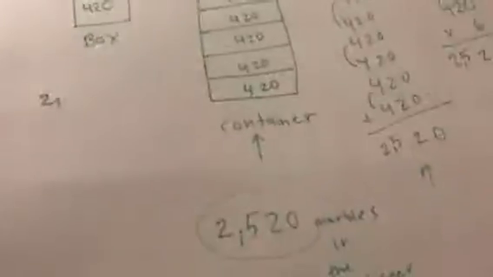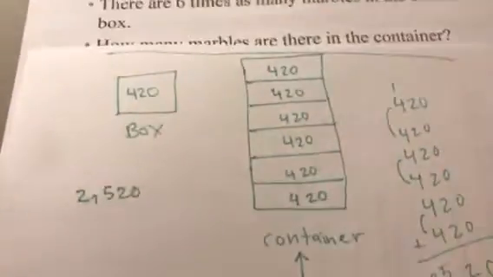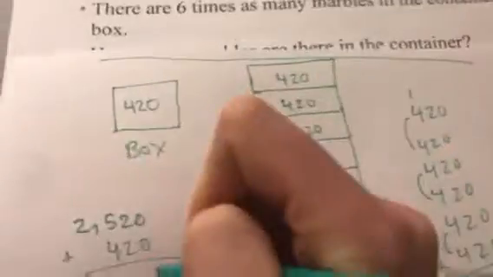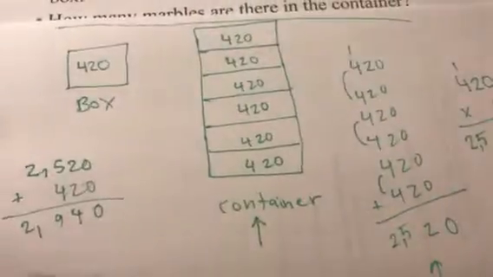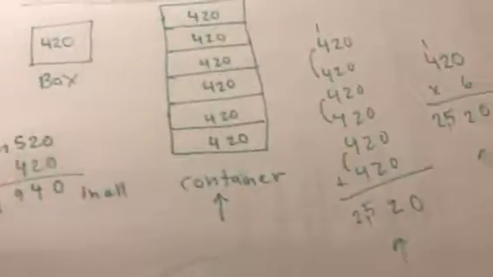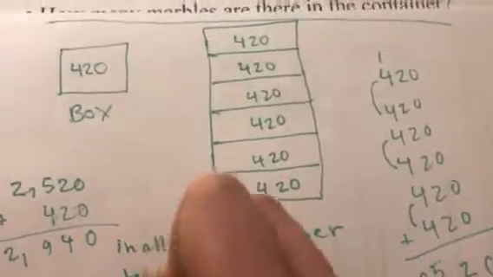So then I would do the 2,520 marbles in the container and add them to the 420 marbles in the box to find out how many I had total, which would be 2,940, and I can write in all to say that's all, or I could also write total marbles.